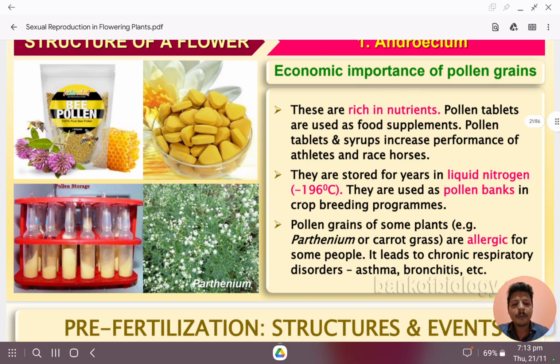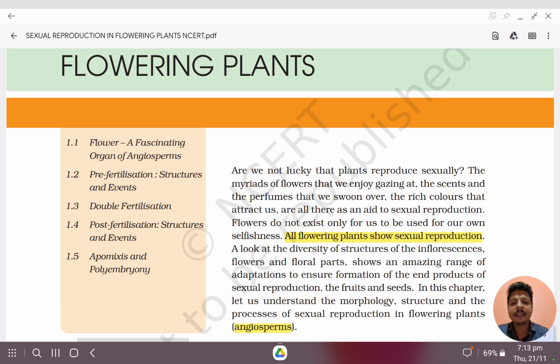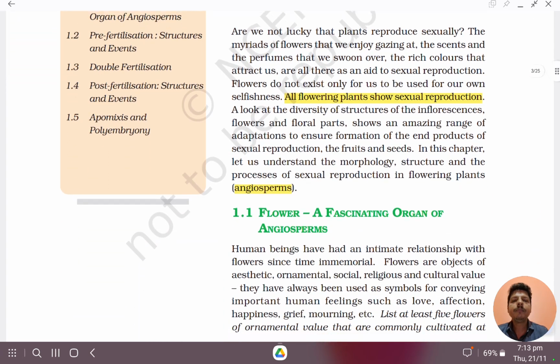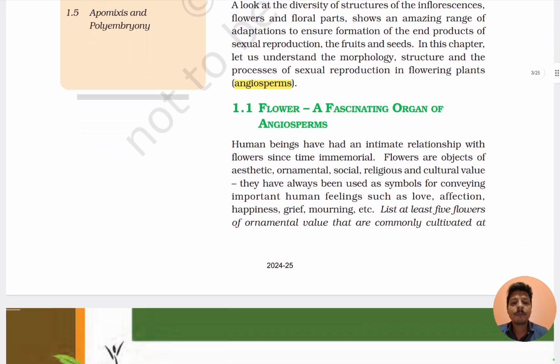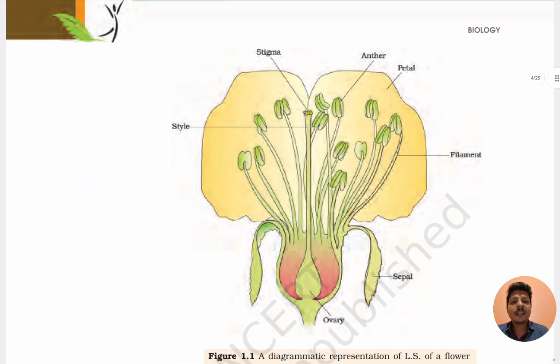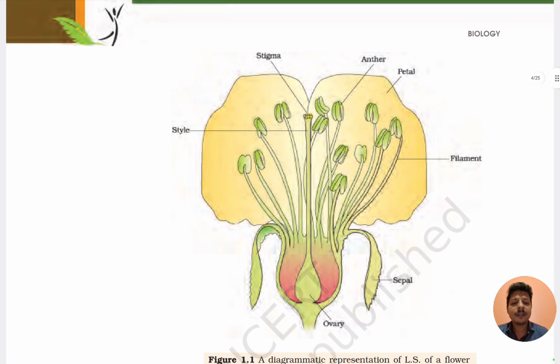Now, before starting the gynoecium, let's see what your NCERT says here. All flowering plants show sexual reproduction, and the flowering plants are called angiosperms. Here in the diagram, you can see the parts of a flower: ovary, sepal, filament, petals, anther, stigma, style.